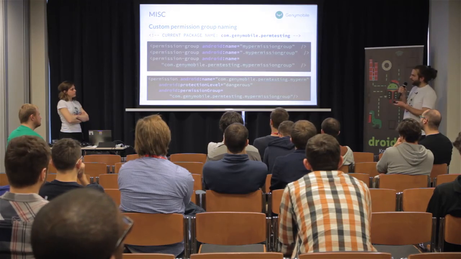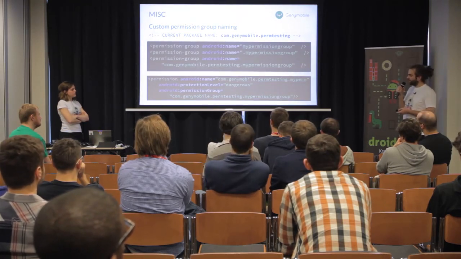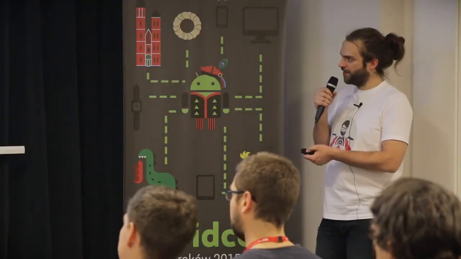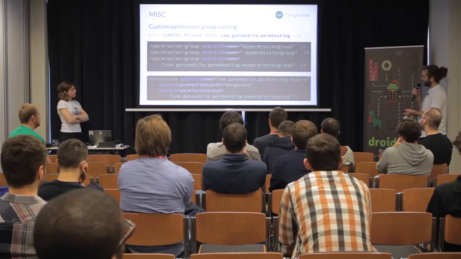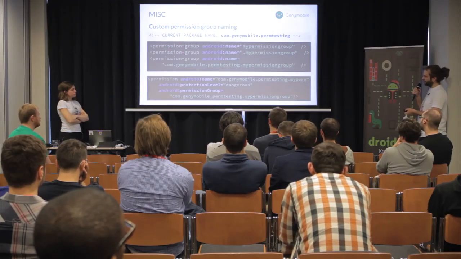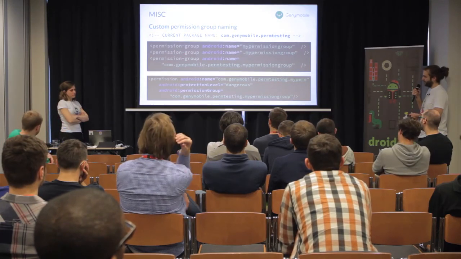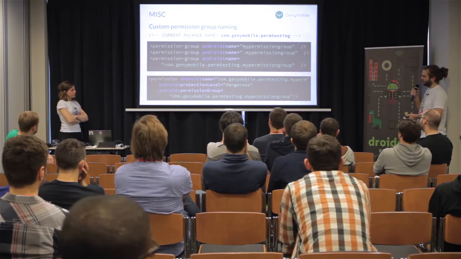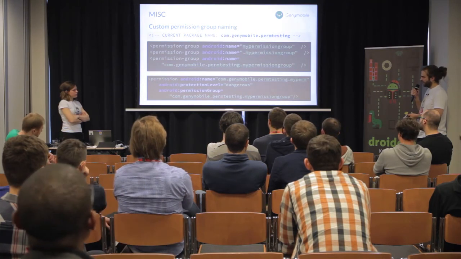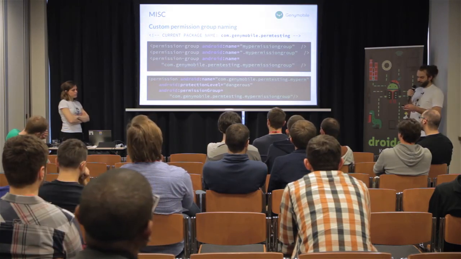The three declarations we have there for a group are perfectly equivalent. But we have to understand that the system is going to record the group using the full name. Therefore, whichever way you choose to declare your permission group, when you reference this group in the declaration of your permission, you have to use the full prefixed name.